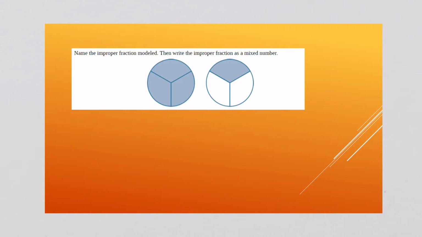Okay, so right here it says to name the improper fraction modeled. So we have 1 whole unit colored in, right? So that's 1. And then we have how much of another piece of pie or another pizza or whatever we're talking about here. We have 1 part colored in, and they are cut into 3 parts.